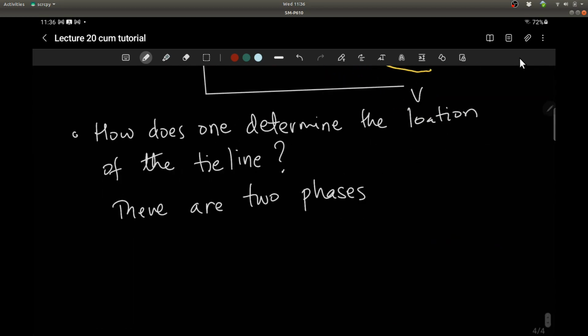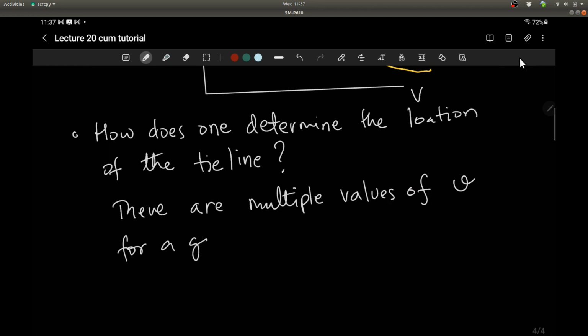So, instead of saying two phases, I'll say there are multiple solutions.